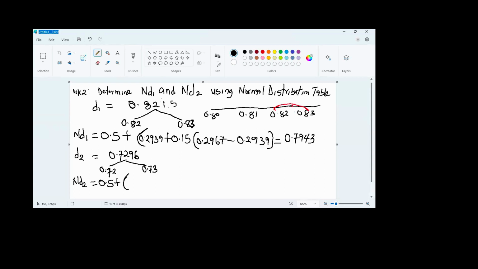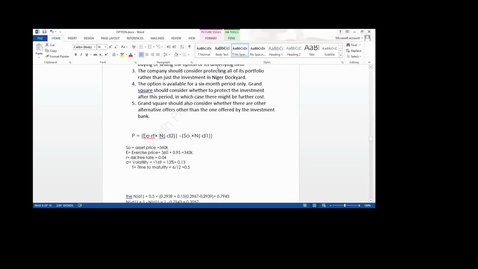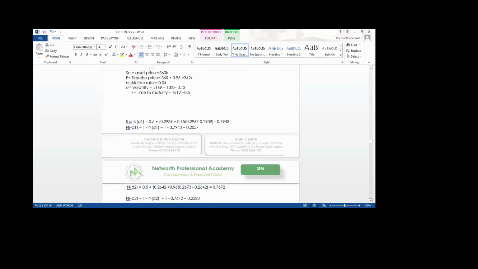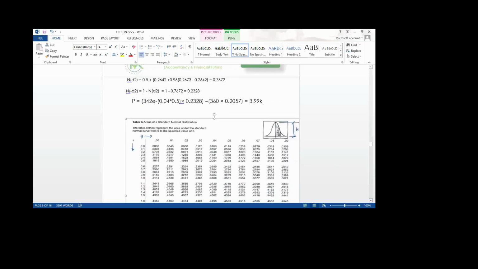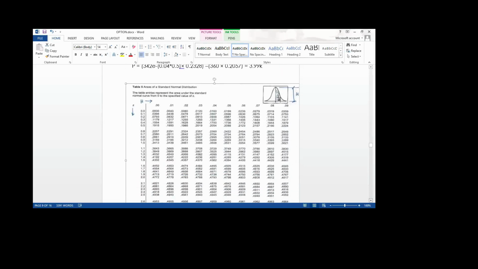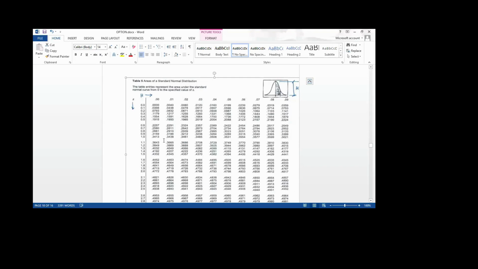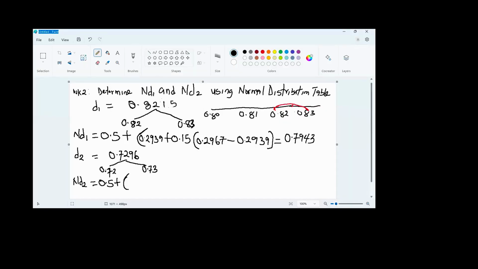Go and check 0.7 under 2. Let's check that log. If you have the log with you, please check. If you don't have, please, let's follow the class. Look at it, please. 0.7 under 2. The figure is 0.2646.